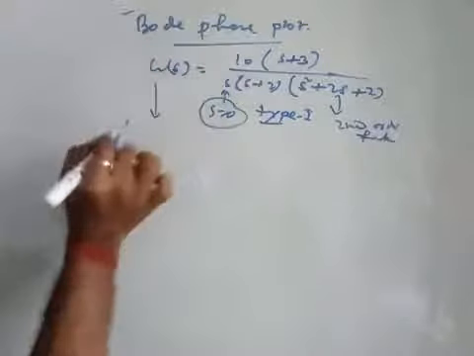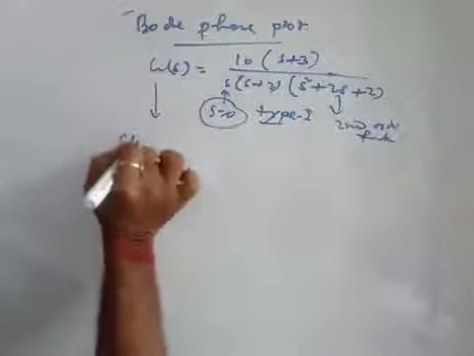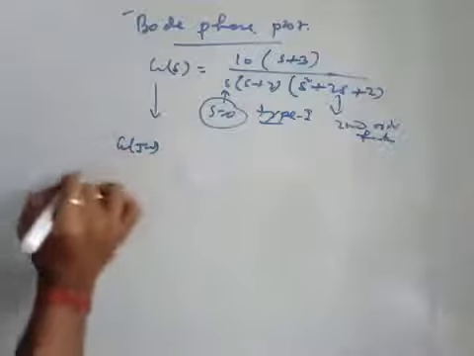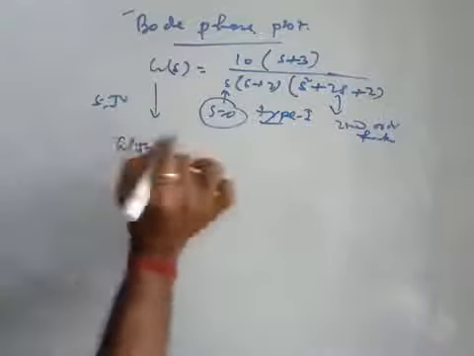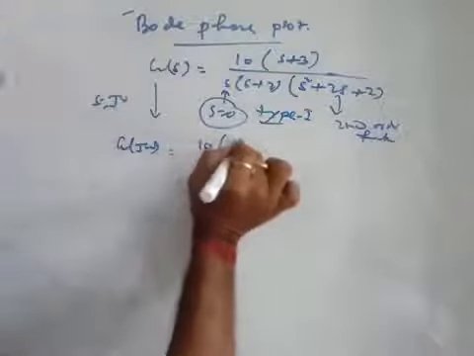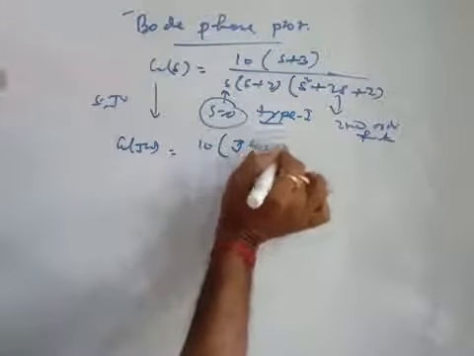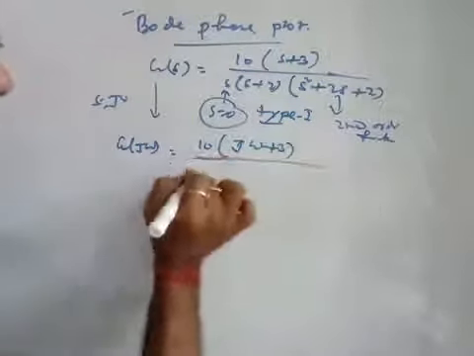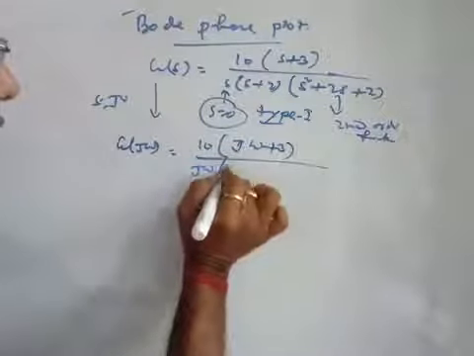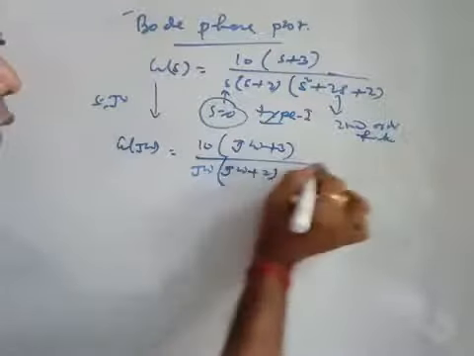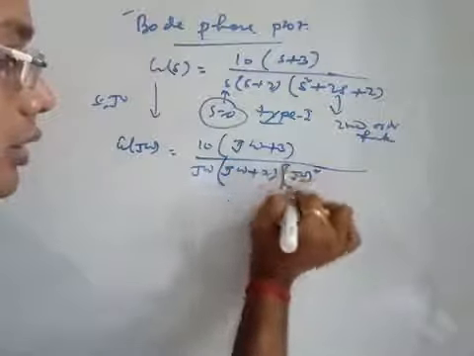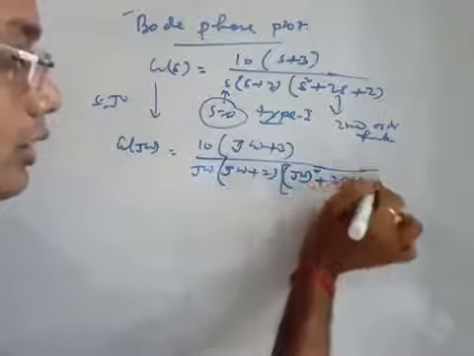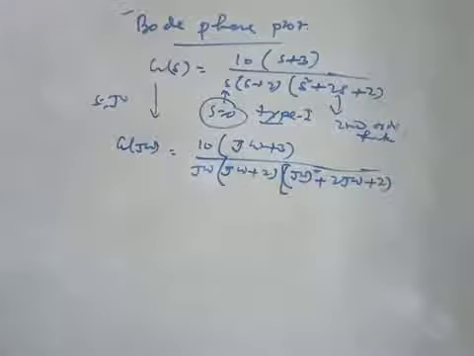Now first stage, what we have to do is get the sinusoidal transfer function by putting s is equal to j omega, as you know. So G(j omega) equals 10 into (j omega plus 3), by j omega into (j omega plus 2) into (j omega square plus 2 j omega plus 2), right?